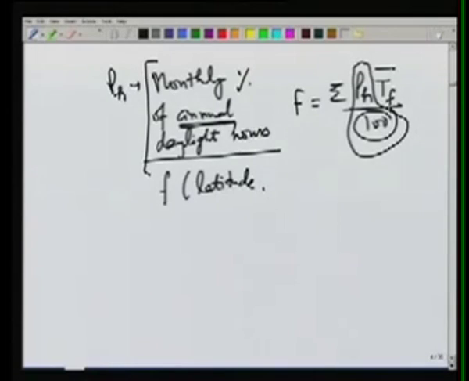So as we know, as we increase the latitude, the number of daylight hours will typically decrease, and its value p_h decreases with increase in latitude.